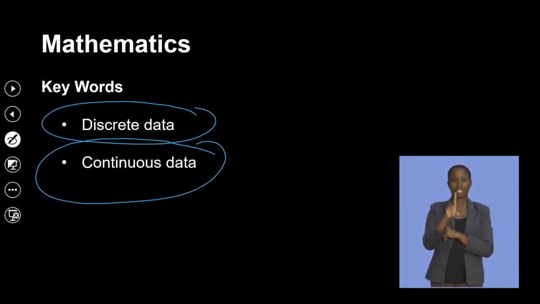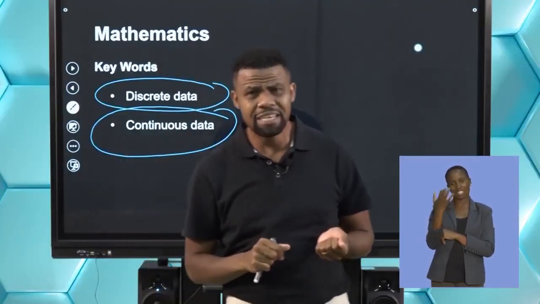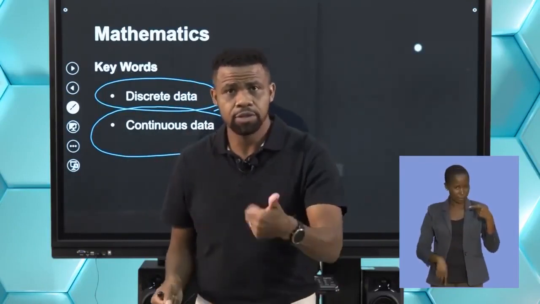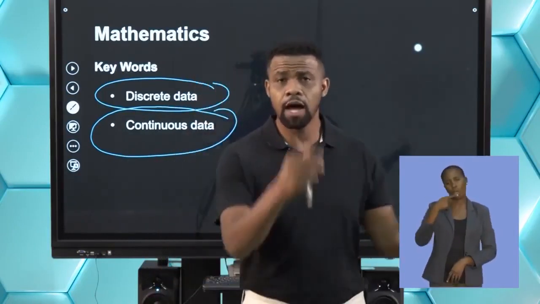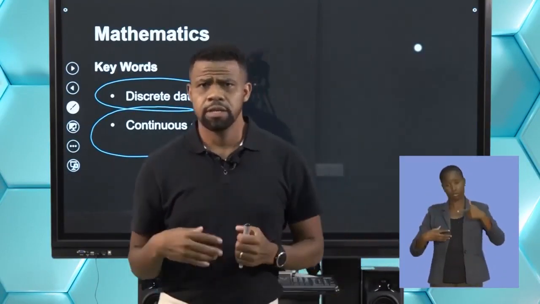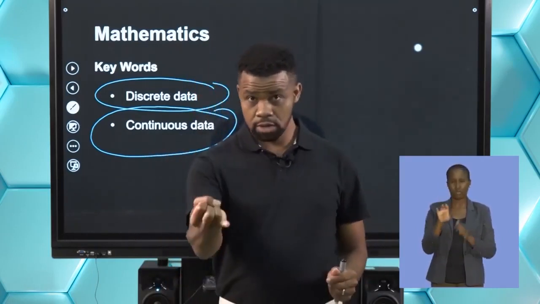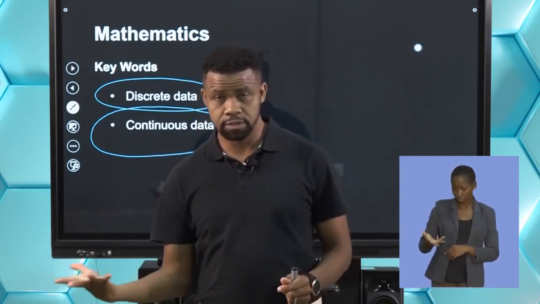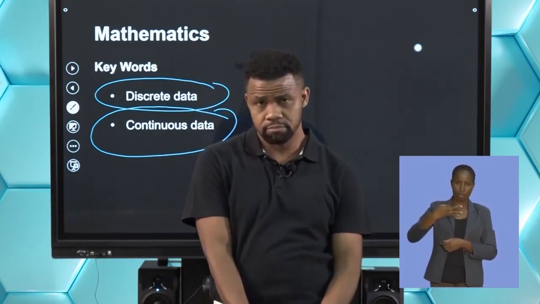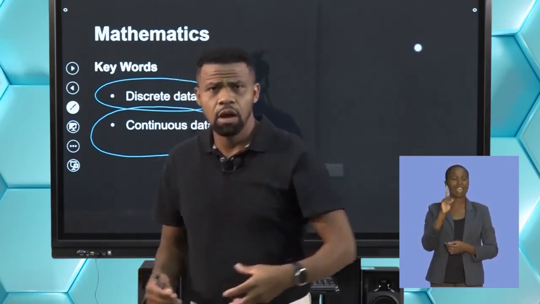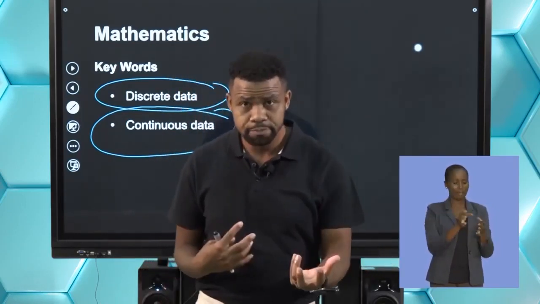Now we're going to look at more keywords, which are discrete data and continuous data. Discrete data is specific, like 1, 2, 3, 4, 5. That's discrete data. If I roll a die, I can get 1, 2, 3, 4, 5, 6, which is discrete data. It takes a specific value. But what about continuous?